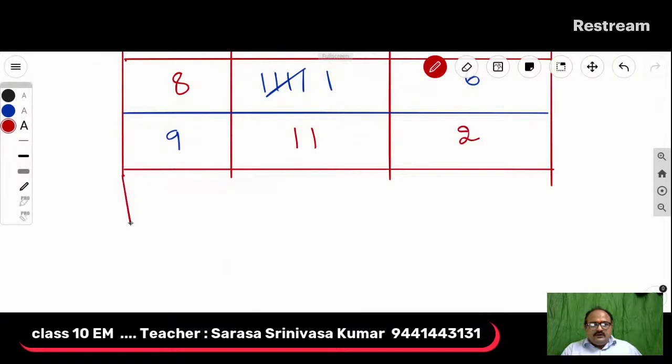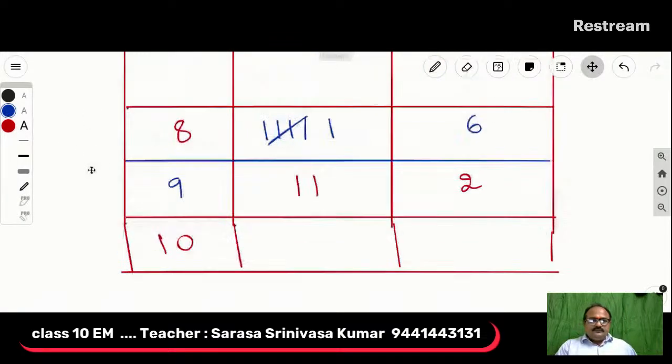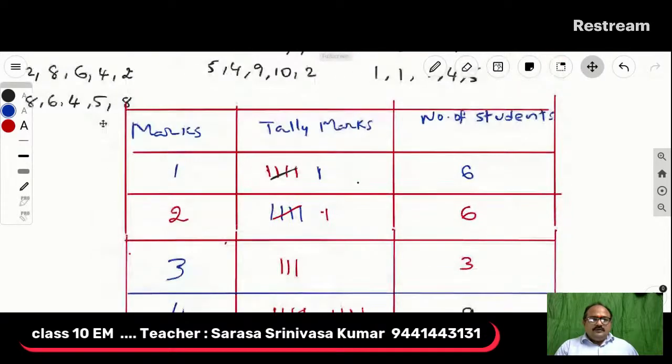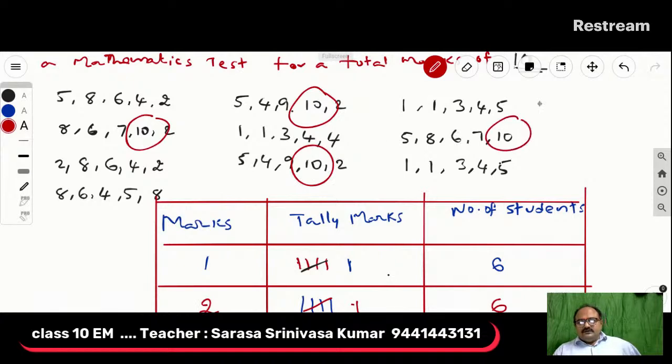Now we note down 10 marks. Tally marks for 10 marks will be noted down. Let us see how many students got 10 marks. Here is the first student, next second student, third student, fourth student.